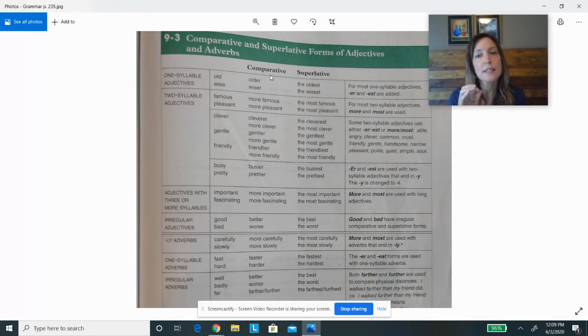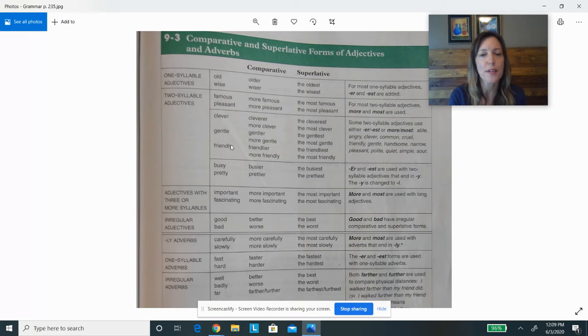So just remember, a syllable is a vowel sound. Okay, not vowel letters, but vowel sounds. So sometimes two vowels make only one sound, like EE says E, or IE says I, but it's two letters. Okay, so we need to talk about those syllables and how they change the adjective.